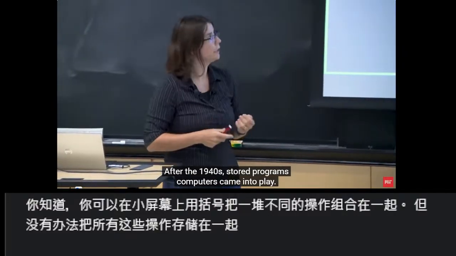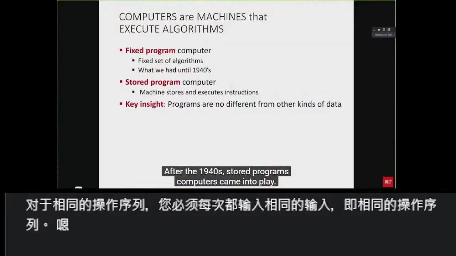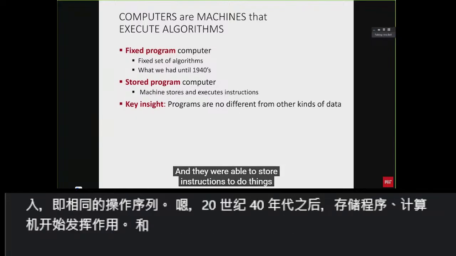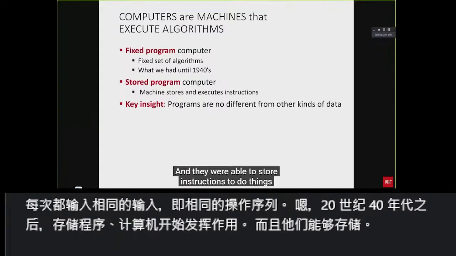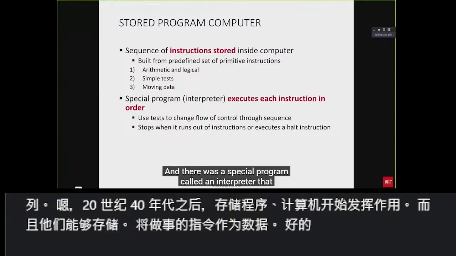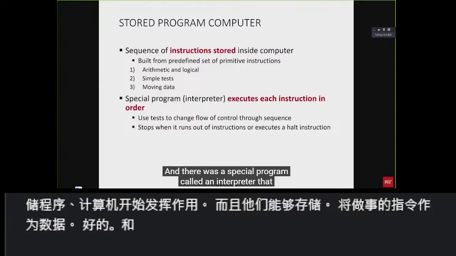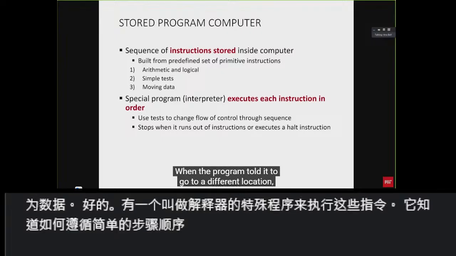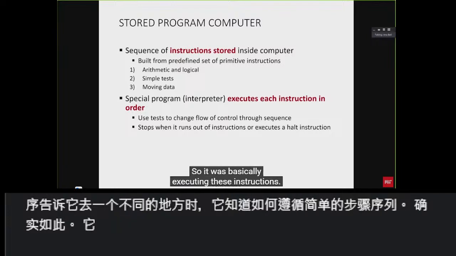After the 1940s, stored program computers came into play, and they were able to store instructions as data, okay? And there was a special program called an interpreter that executed these instructions. It knew how to follow simple sequences of steps. When the program told it to go to a different location, it did. So it was basically executing these instructions.